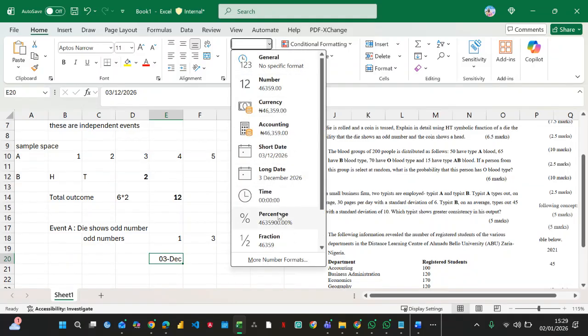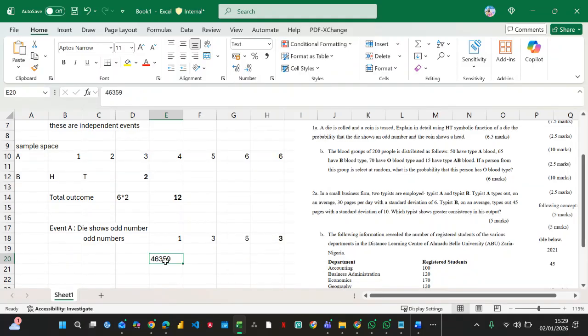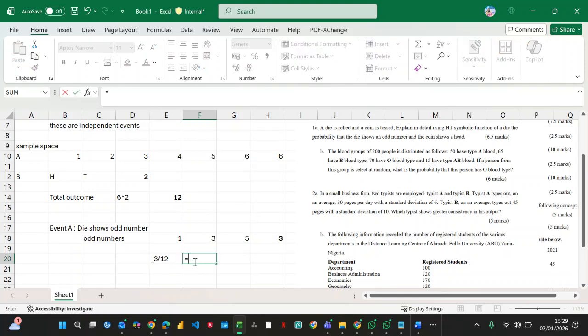So 3 divided by 12 is going to give us 0.5.